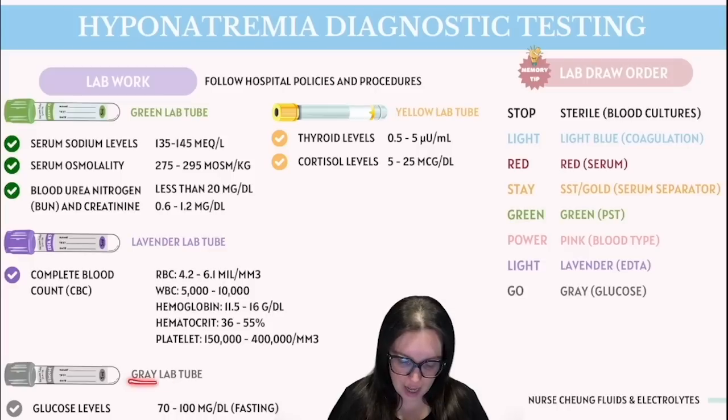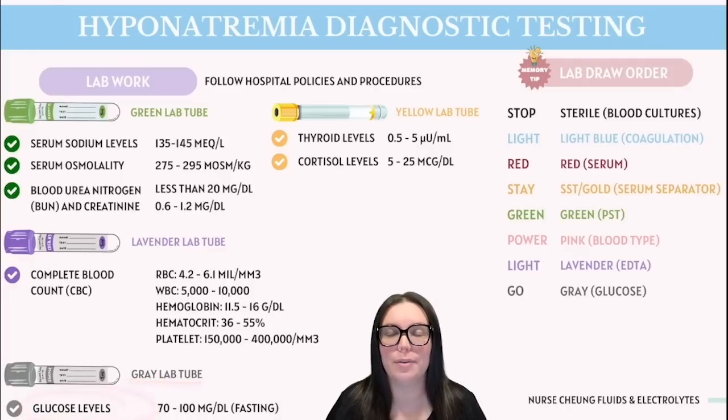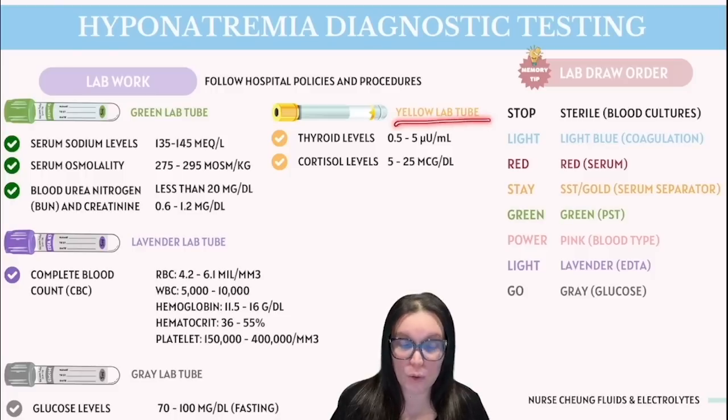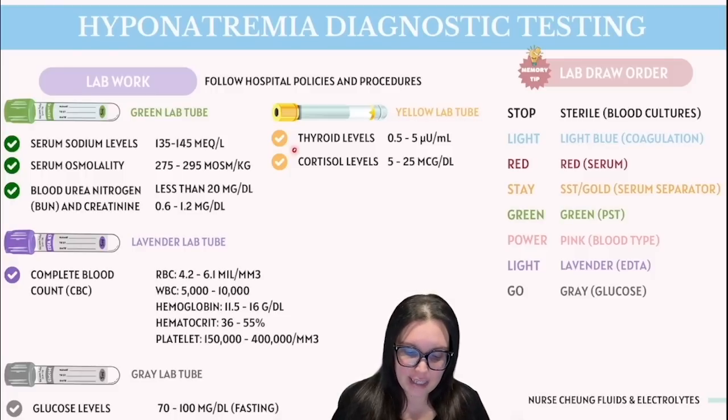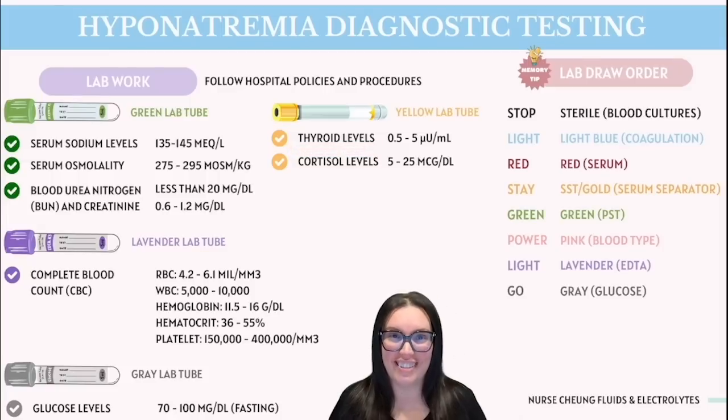For the gray top, we're looking at those glucose levels, because hyperglycemia can actually cause dilutional hyponatremia due to osmotic shifts. And lastly, we have our yellow top or gold top, depending on what they call it at your facility, and we're testing for thyroid levels and cortisol levels.